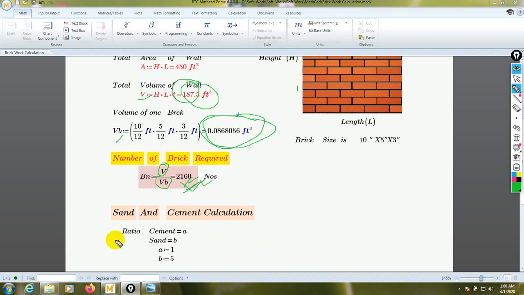After that we'll go for sand and cement calculation. Suppose we consider our cement sand ratio is 1:5. This is for cement, this is for sand.